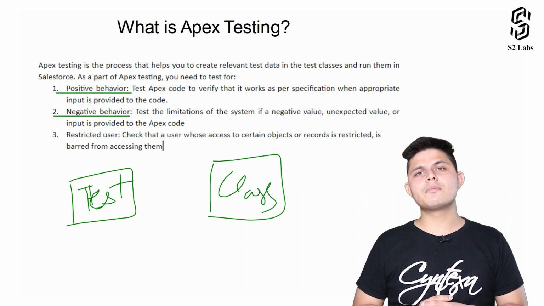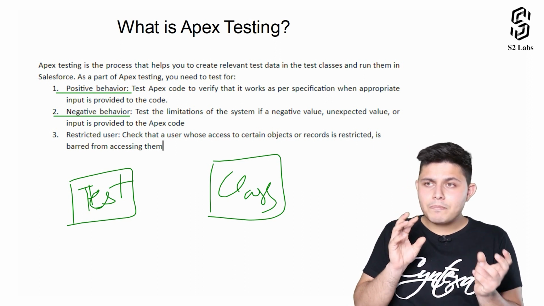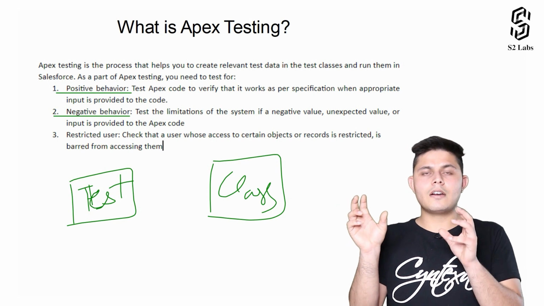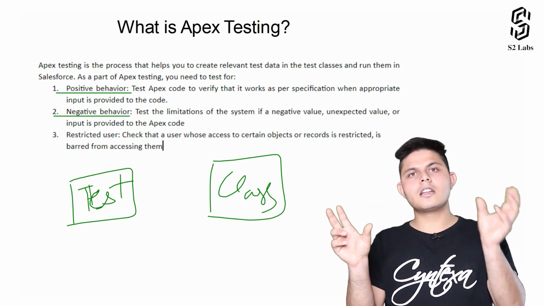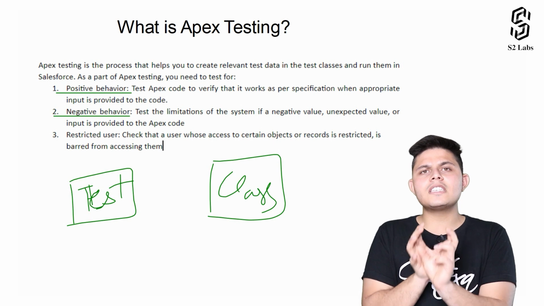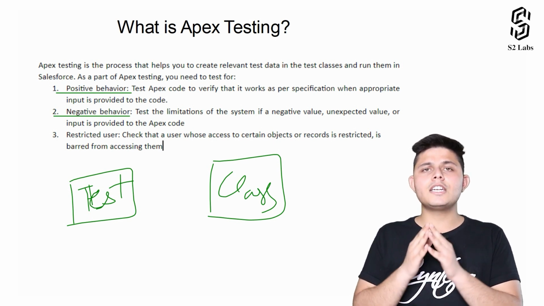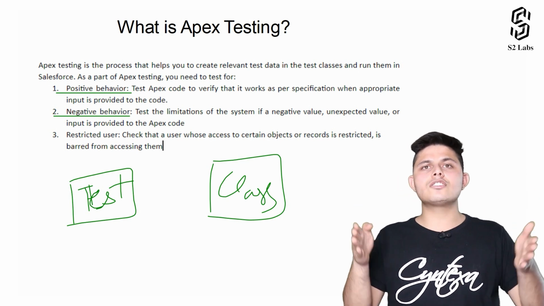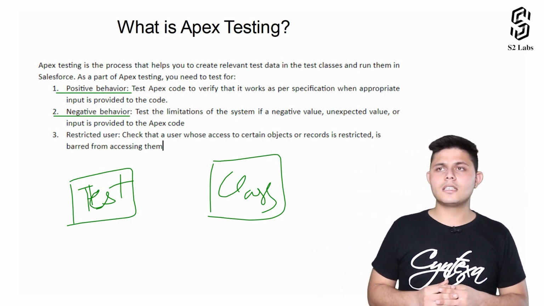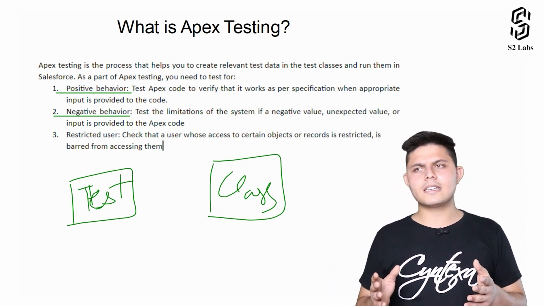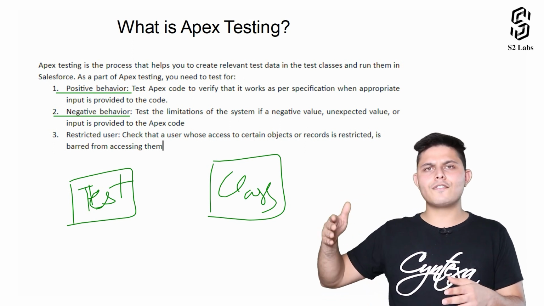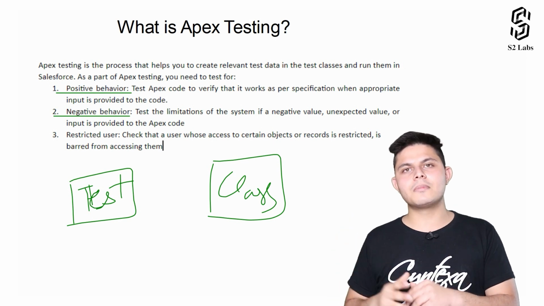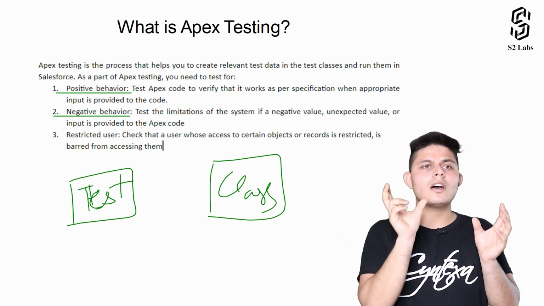Now, testing it for negative behavior, we can pass a number which is an integer, and another number as an integer, but the addition of both of these numbers will result in a value more than the range of an integer. Let's say the range of integers is something like 217843221, right? I'm not exactly sure what that number is.